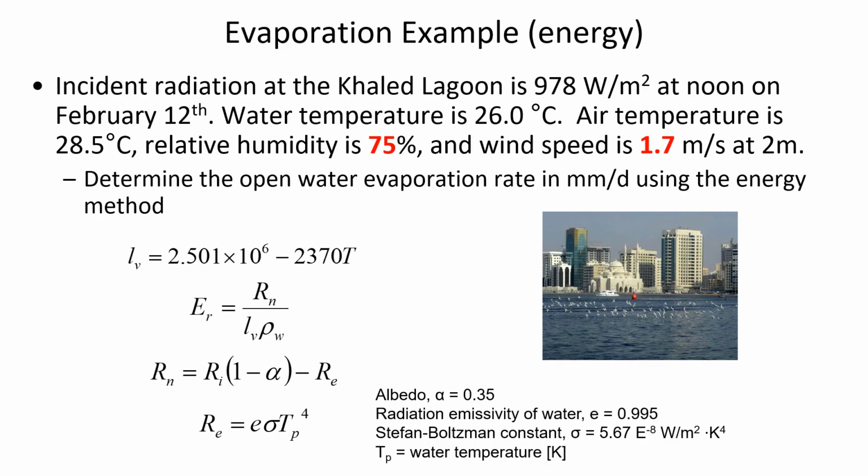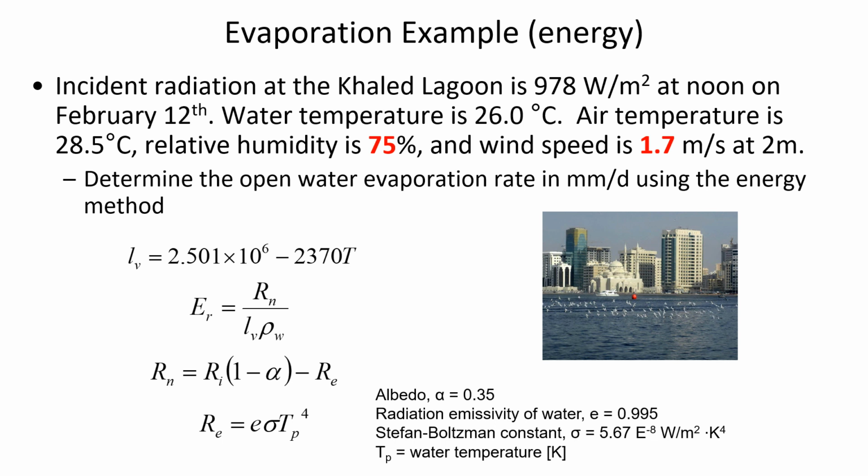Next, how much radiation is available to drive evaporation? So R_n, the net radiation that's available, is the incident radiation times 1 minus alpha, minus R_E, the emitted radiation. The radiation that was coming in was measured at 978 watts per square meter, and only 65% of that isn't reflected.